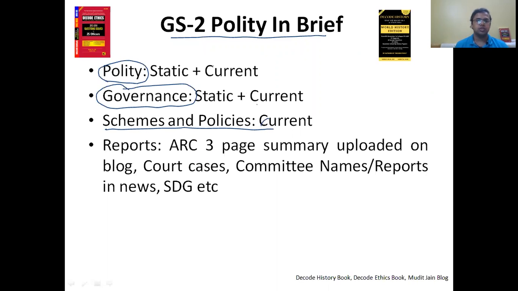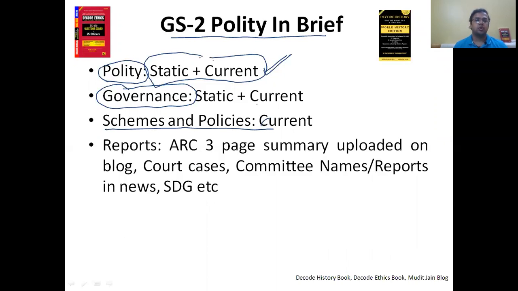So as you can see on the screen, this section, that is polity, is a mix of static as well as current. So even if a question is asked from current, you have to write provisions of static, and likewise, even if a static question is asked, for example, provisions of emergency, then you have to mention the current background.